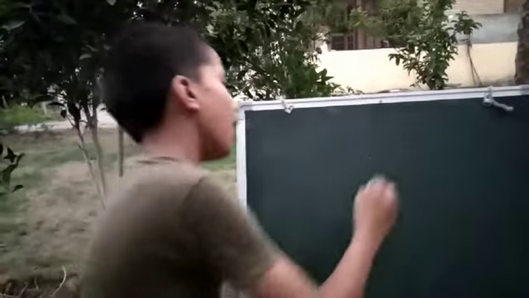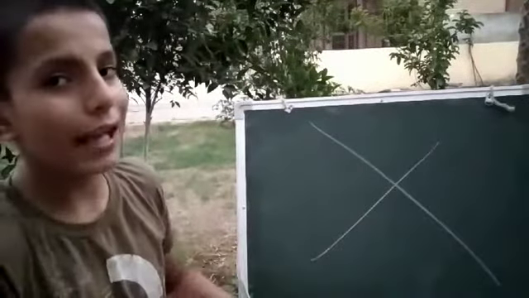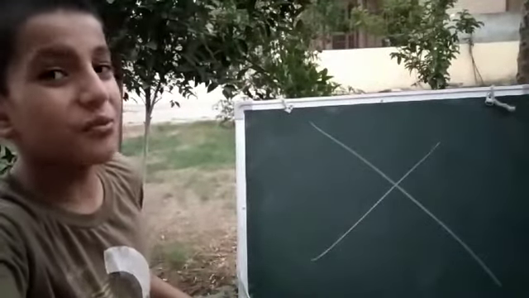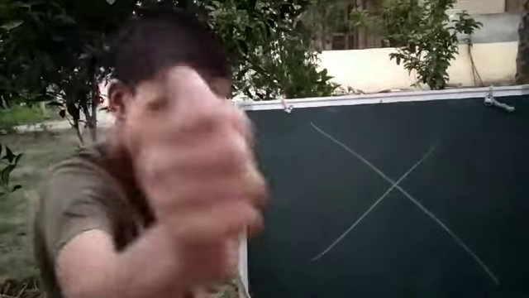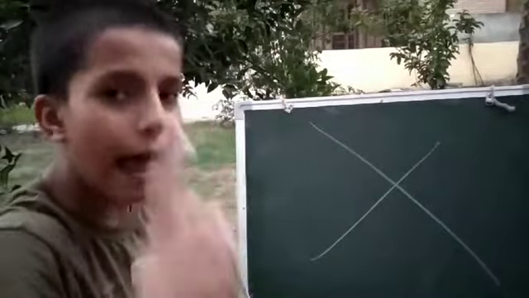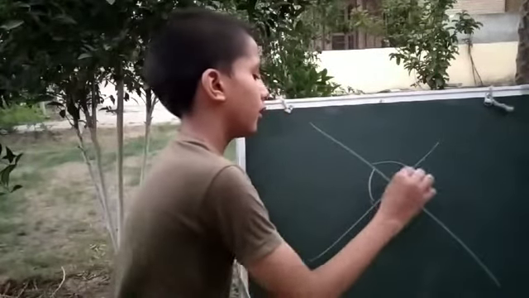If I cross two lines like this, there is an intersection, and we know that when an intersection happens, there is a formation of what? Yes, you're right, angles. Like this, like this, like this.